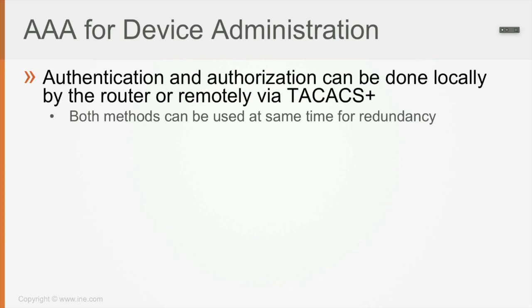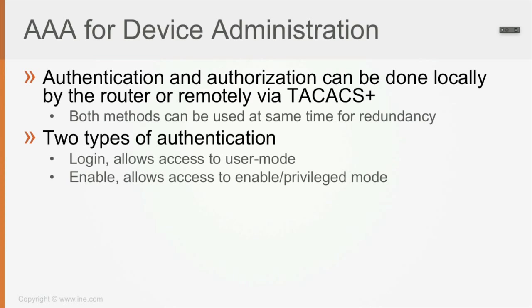So you can either define to authenticate users trying to connect remotely for managing the router locally or remotely via TACACS+, or you can use both of them at the same time and prefer one of them, which in general is going to be TACACS+.